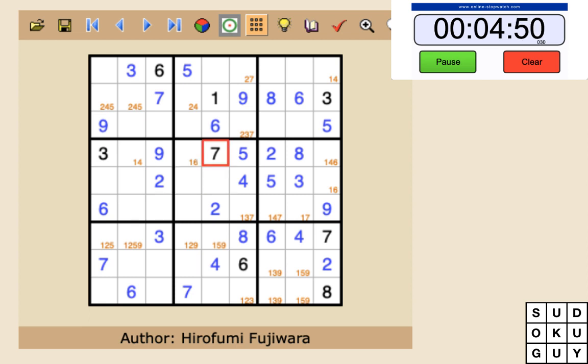Maybe that 1 was already there, I'm not sure. Okay, so this can't be a 7 either. I believe this is the only place a 7 can go in this row, am I right? This column's already taken, this box is already taken, and this column's already taken, so this has to be a 7. Oops, full number, not a pencil mark.